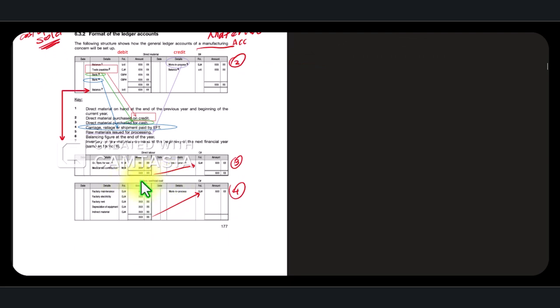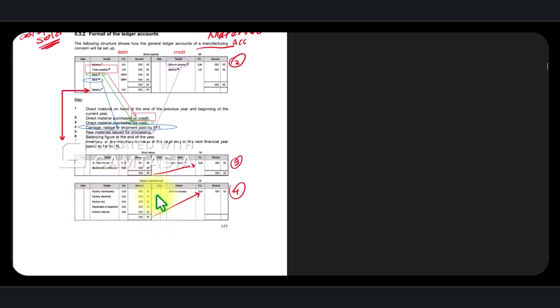On the factory overhead cost, you would get elements such as factory maintenance, factory electricity, the rent for the factory. And I have to clarify again, not the rent of the entire company, but the rent that goes toward actual manufacturing, depreciation of equipment, indirect materials.